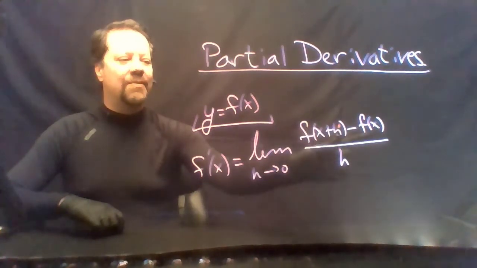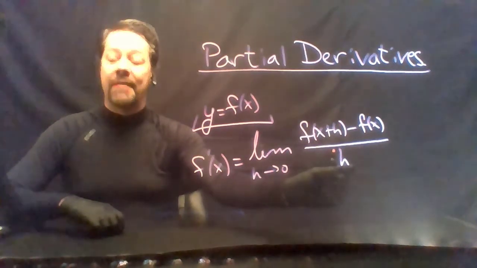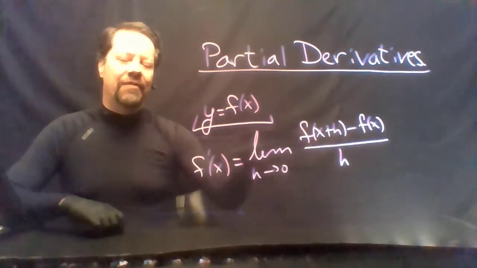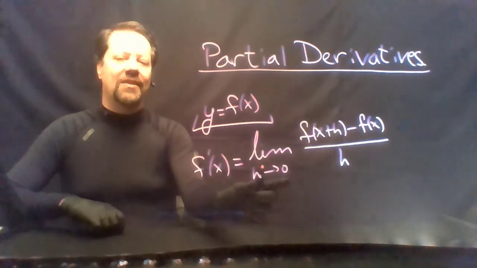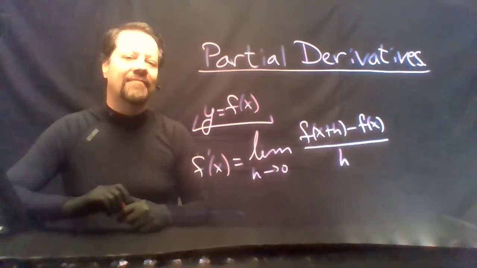This gave us the difference between two close y values, and the denominator is the difference between these x values. So it's a delta y over a delta x, and the limit as delta x goes to 0. We get the slope of a tangent line to the curve.